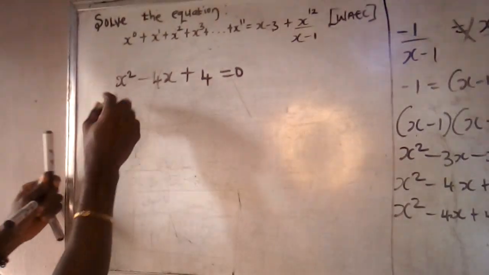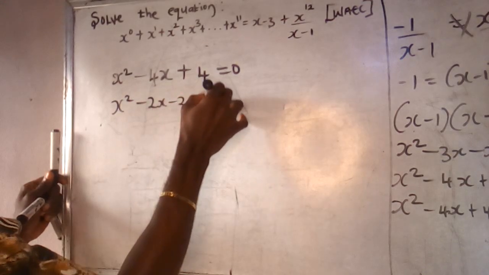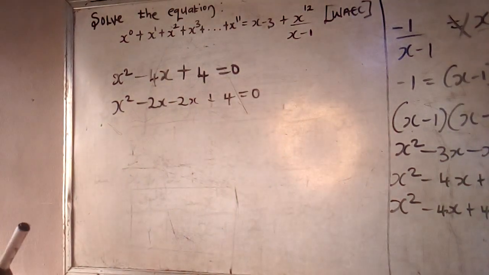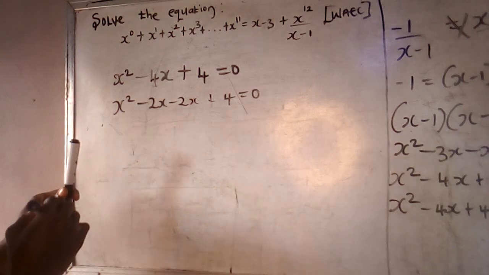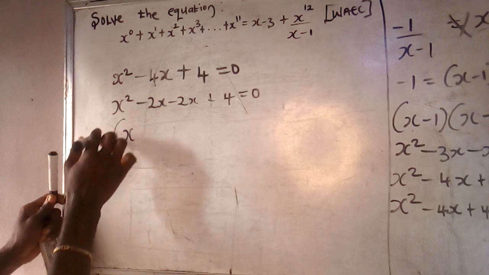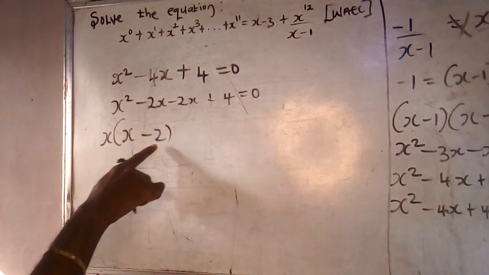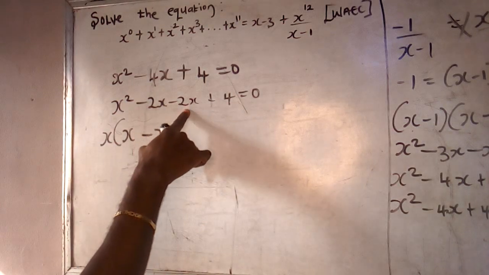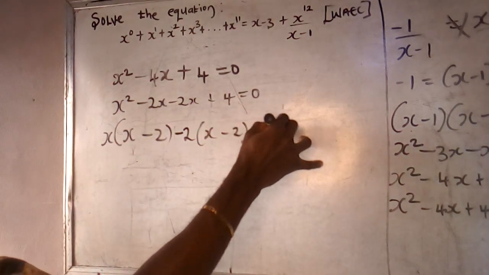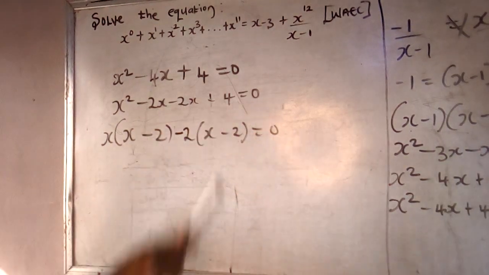So the two possible numbers here: x squared minus 2x minus 2x plus 4 is equal to 0. If I want to factor out what is common here, it will be x. Bringing out x outside, we have x times x is x squared, and x times minus 2 is minus 2x. Over here, I bring out my minus 2, and what is remaining here is x. Minus 2 times this is minus 2x. Minus 2 times minus 2 gives us a positive 4.